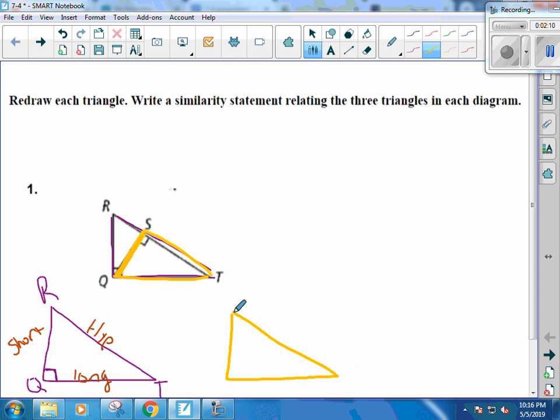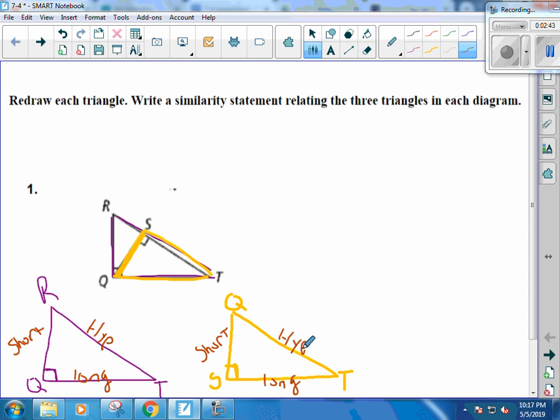So S is my right angle. Q to S is the short leg, so Q is my top angle. And S to T is the longer leg. So I have the short leg, the long leg, and the hypotenuse.